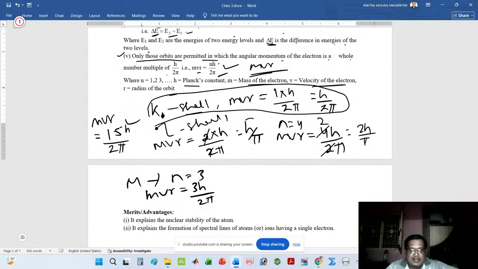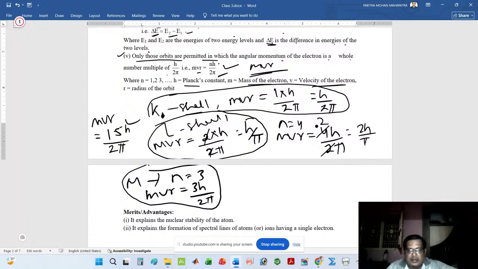For the L shell, the angular momentum is h by pi. For the M shell, the angular momentum is 3h by 2 pi. For the N shell, the angular momentum mvr is equal to 2h by pi.